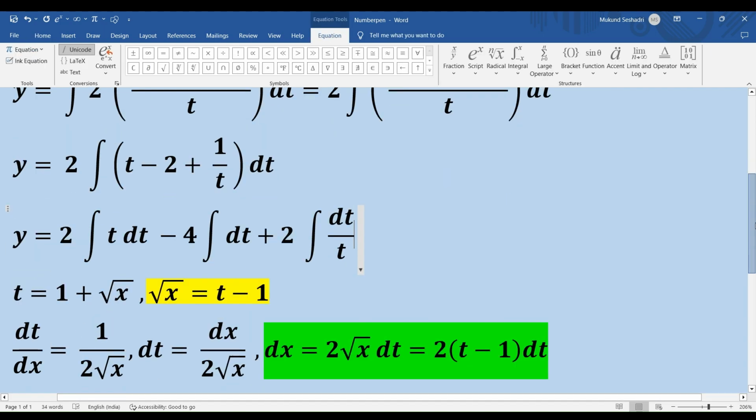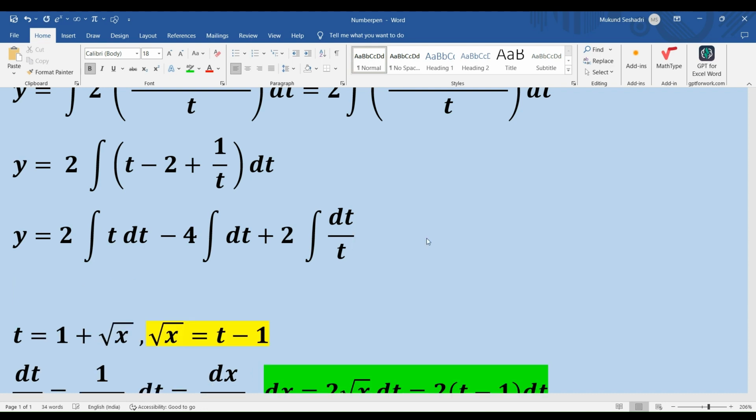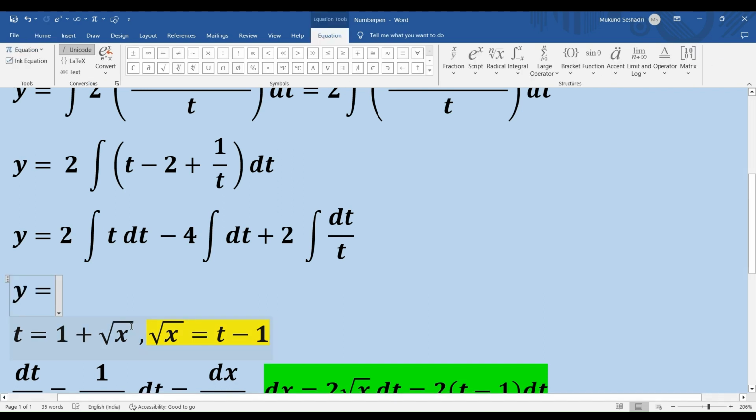So that's my y. My y equals 2 times integral of t dt minus 4 times integral of dt plus 2 times integral of dt by t, right? Now we are quite familiar with the integral slash antiderivative of each of these expressions, what we have as a part of y. The first part, which is integral of t dt, becomes t square by 2.